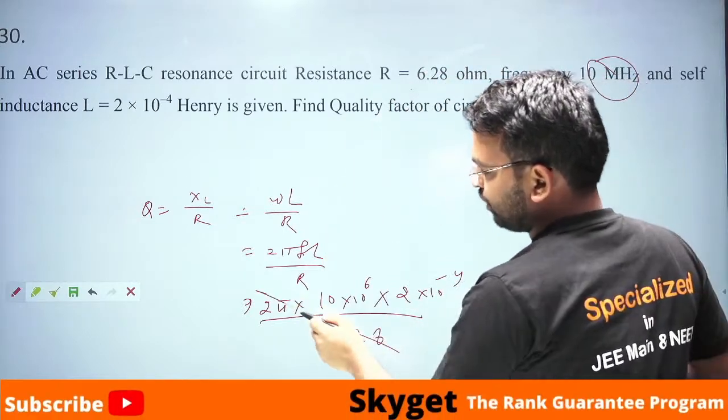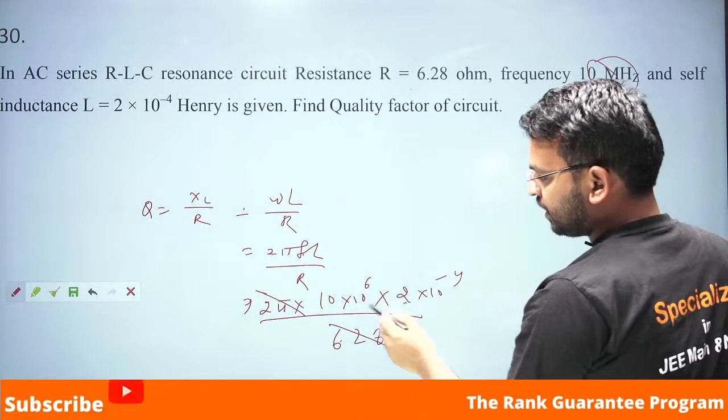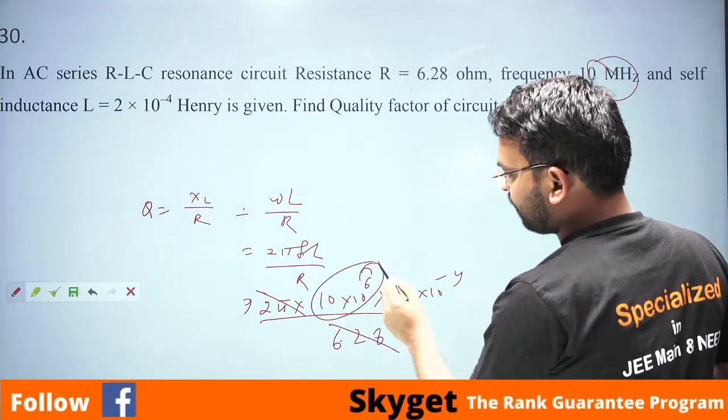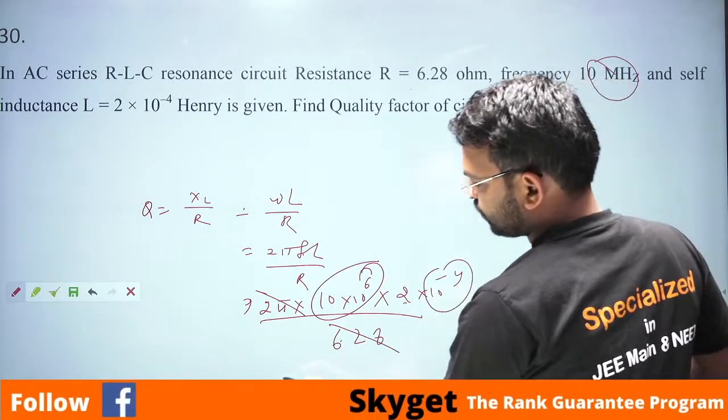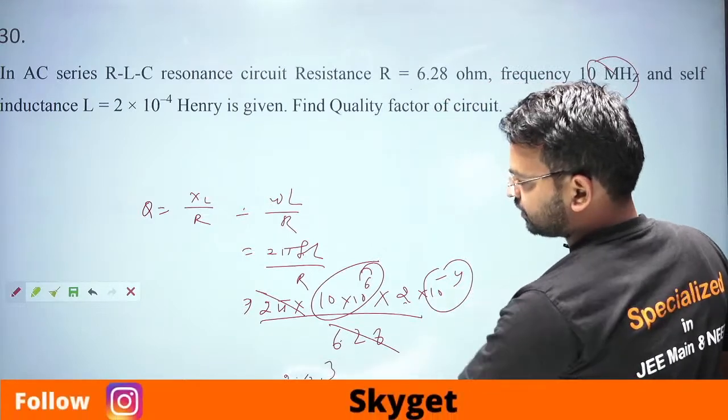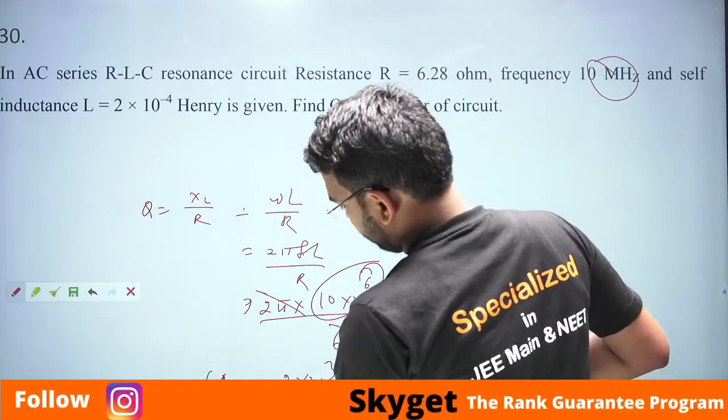If you multiply these two values, 2 pi and 6.28 cancel out, and this is 10 to power 7, 10 to power this, so the answer should be 2 into 10 to power 3. That has to be your quality factor.